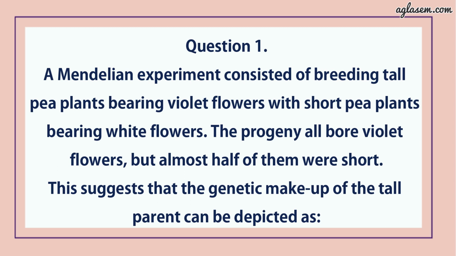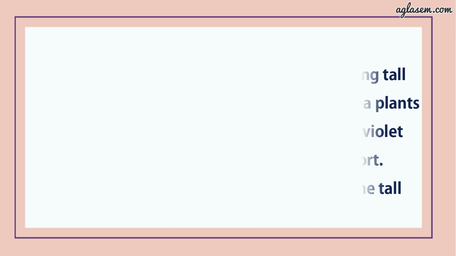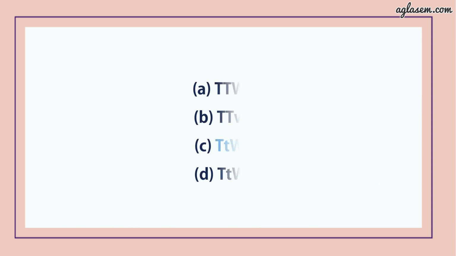This suggests that the genetic makeup of the tall parents can be depicted as: A, capital T capital T capital W capital W; B, capital T capital T small w small w; C, capital T small t capital W capital W; and D, capital T small t capital W small w. So the answer is C, that is capital T small t and capital W capital W.